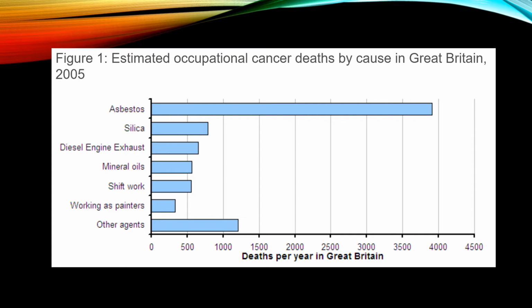So an example would be asbestos, which contributed to close to 4,000 deaths in Great Britain in 2005 alone, and all of those deaths are due to occupational cancer, meaning a person got cancer because of his or her job. So asbestos is a huge problem because we know that asbestos is very carcinogenic.